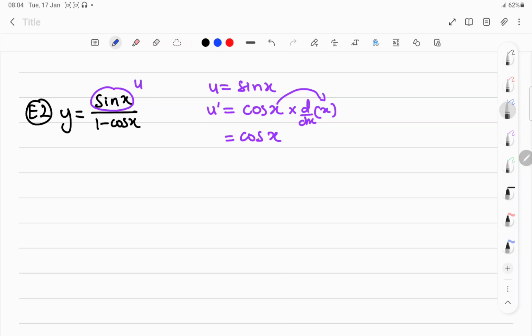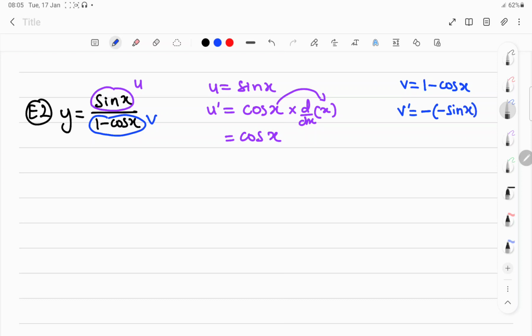Now how about the denominator v? So we do it over here. v equals 1 minus cosine x. So v prime is 1 differentiate is 0 minus cosine x. The negative we just leave over here, and we differentiate the cosine here. Cosine differentiate, we get minus sine x.